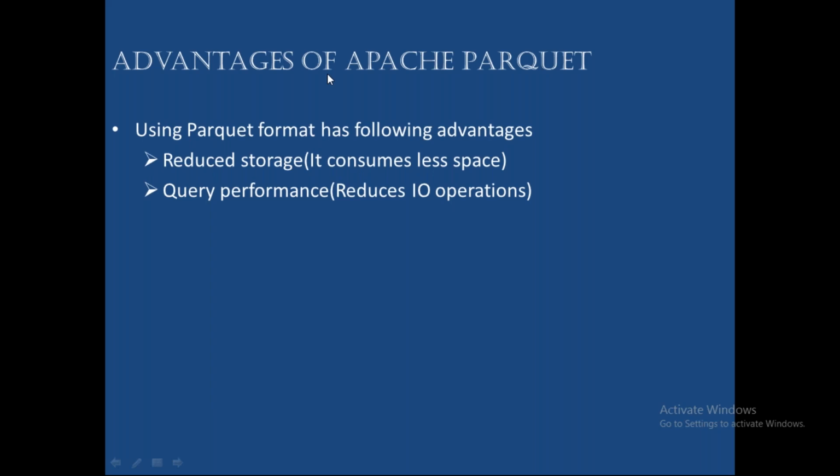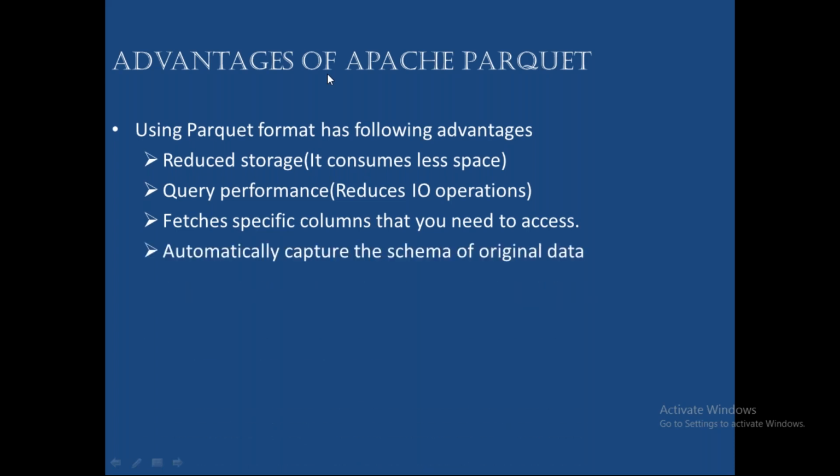So that's why it reduces IO operations and increases query performance. And it fetches specific columns that you need to access. For example, I want to access only course name and course start date. It will be easy for Spark to read it because the data is stored in a columnar format.